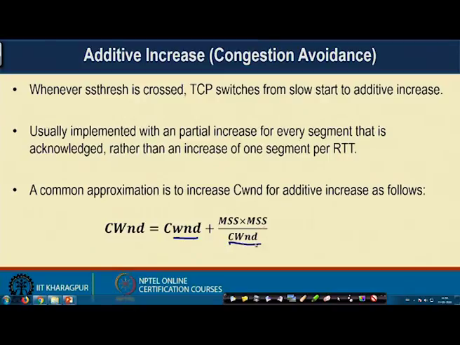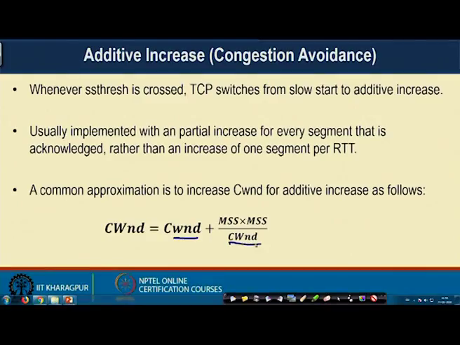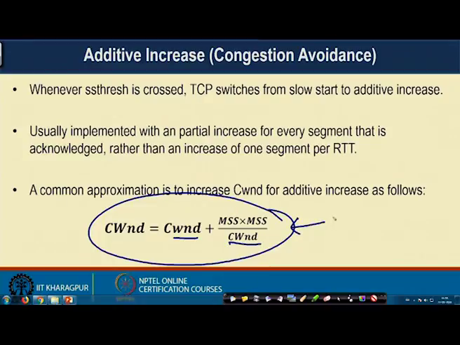This gives an approximation of the additive increase, that is, how many new bytes need to be added to the congestion window to increase it based on additive increase at every round trip time. So, this formula is applied at every round trip time to have the congestion window follow the additive increase principle.